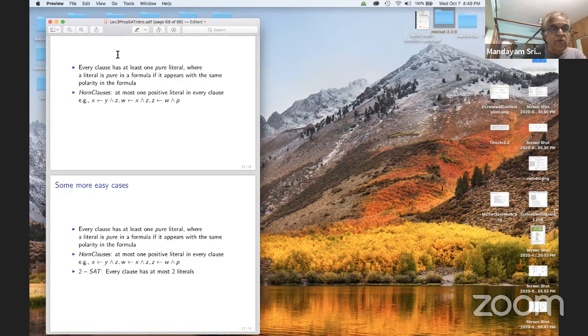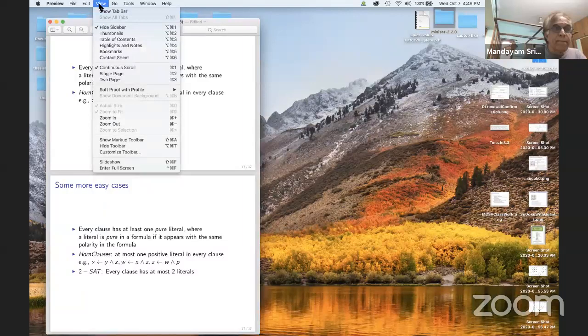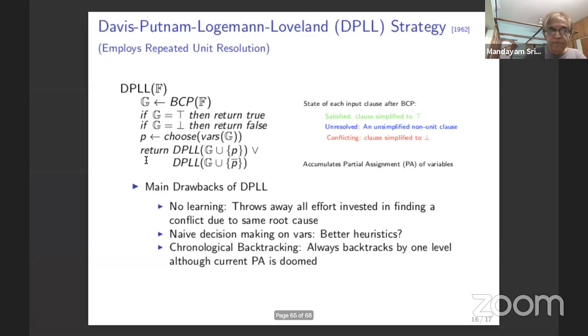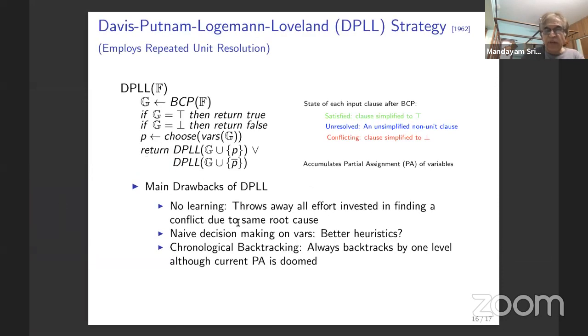I'll go back to this slide. So the main drawbacks of this approach: there's no learning. It throws away all the effort invested in finding a conflict. If you could somehow root cause that conflict and remember something that may prevent it, that is one.